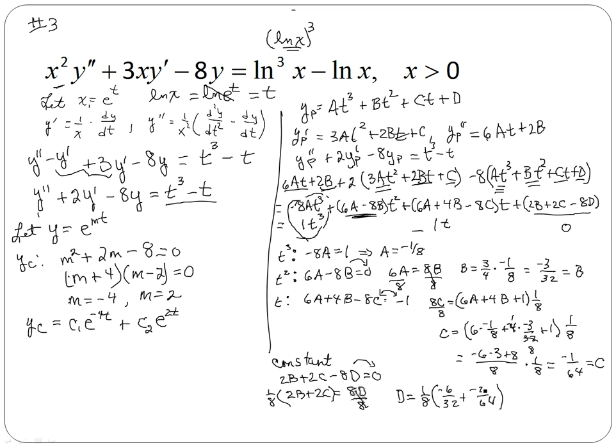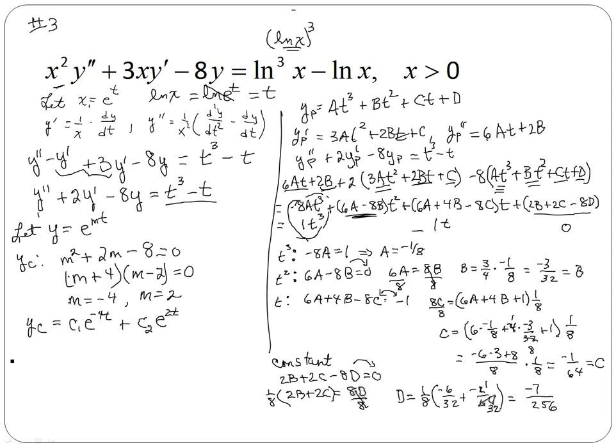And I'm going to reduce this to 1 over 32 so that I can add negative 6 plus negative 1 gives me a negative 7 over 32, and 32 times 8 is 256. And that's my value for d.